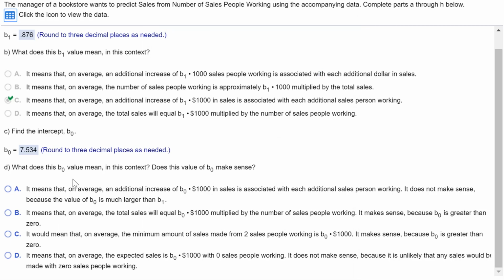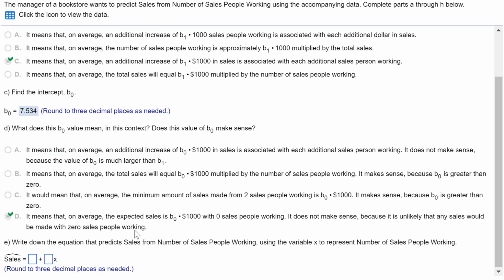Okay, so what does this mean in this context? It means that on average, the expected sales is, and then again, think about what our B sub 0 was, 7.534 times 1,000, with 0 salespeople working. Does not make any sense, right? It's unlikely that any sales would be made with 0 salespeople working.